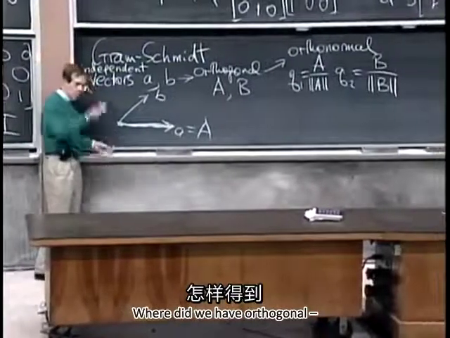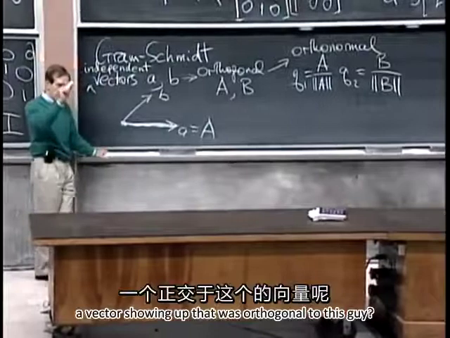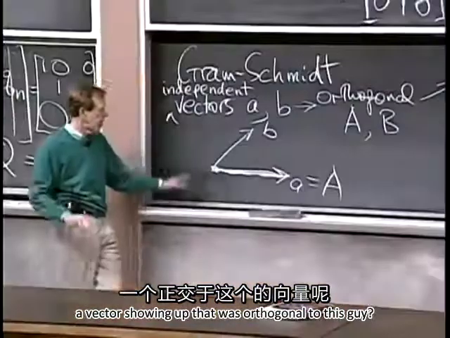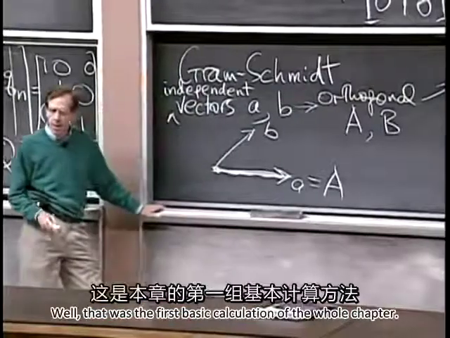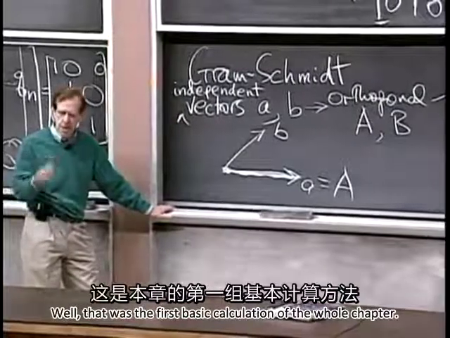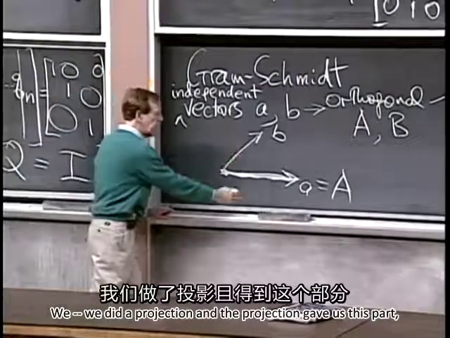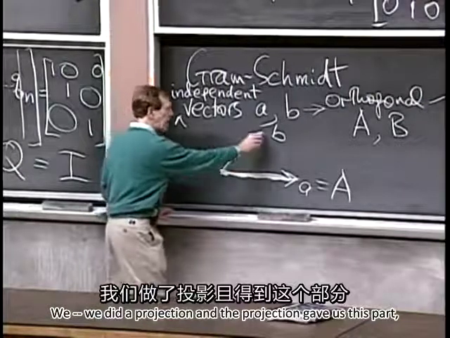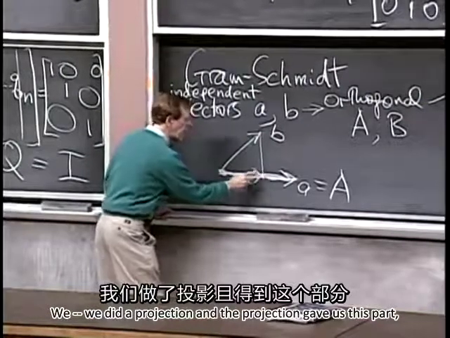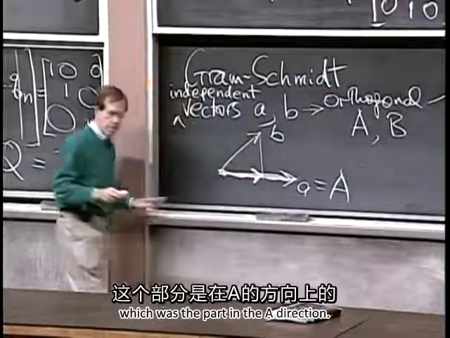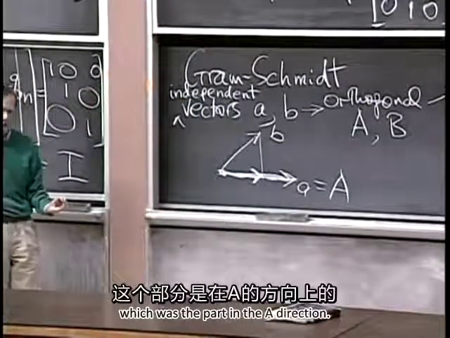Where did we have a vector showing up that was orthogonal to this guy? Well, that was the first basic calculation of the whole chapter. We did a projection, and the projection gave us this part, which was the part in the A direction.